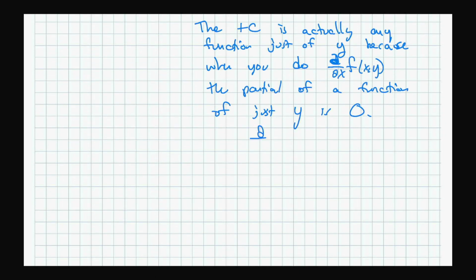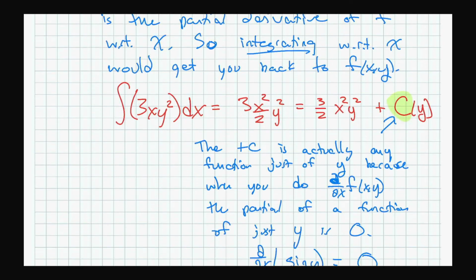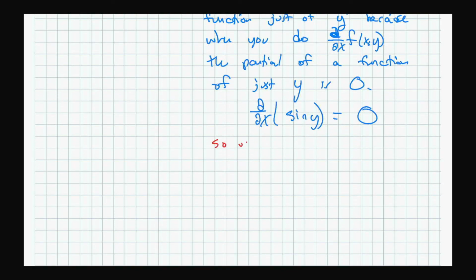Like when you do the partial with respect to x of sine y, you treat the y like a constant, so its derivative is 0. So instead of writing plus c here, you should write plus c of y. So c is a function of y, right? So use c of y to show that it can be a function of y.